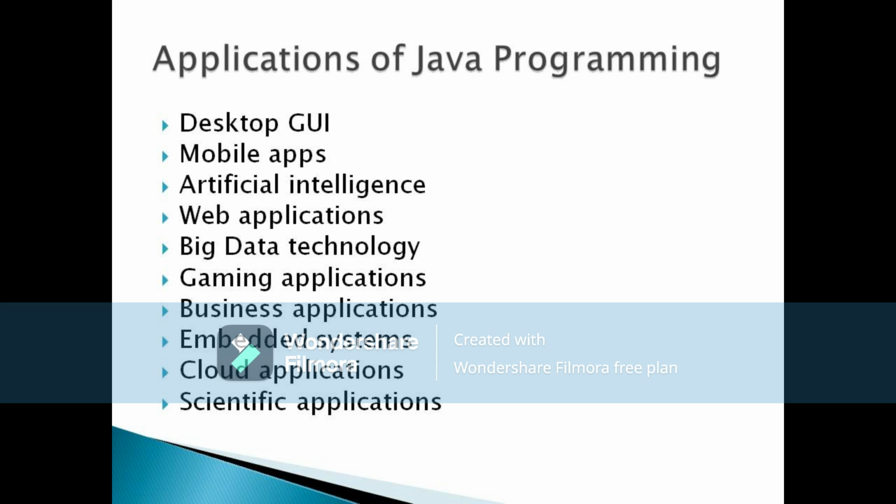So Java has carved its way into the cloud applications. It provides a solution for the IT infrastructure at an affordable cost. Then we have scientific applications, the programs which are designed in a highly secure and efficient manner, like MATLAB uses Java as its core component, right?